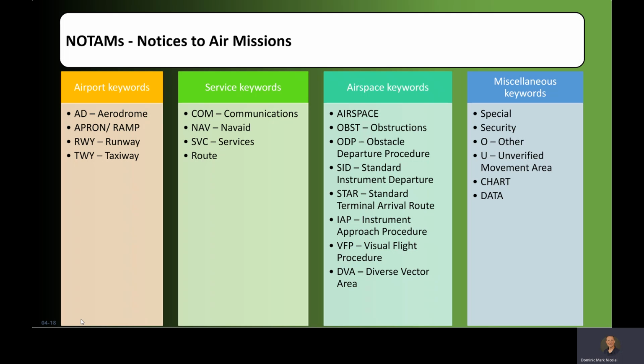It might be information about the aerodrome itself, about a runway. It could be information about airspace change. It could be information about obstacles. It could be information about nav aid or other communication outages. So it really helps you focus when you're reading through NOTAMs, what's important, what's not so important there.